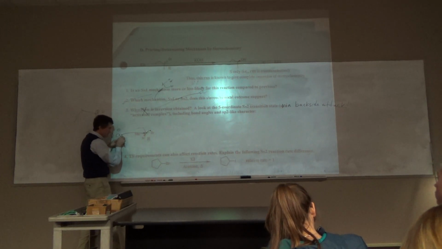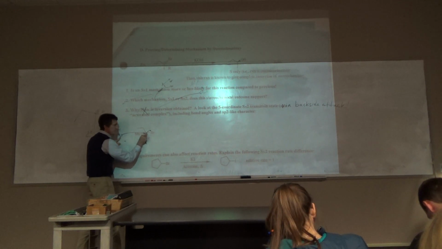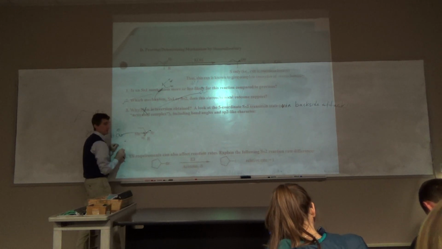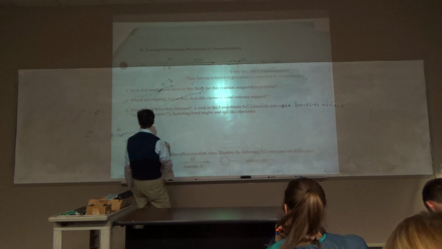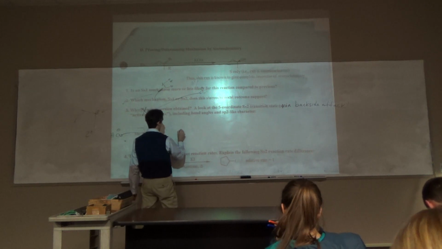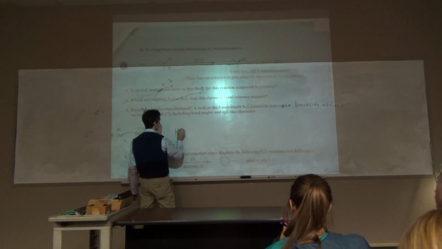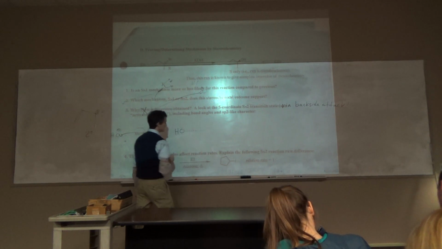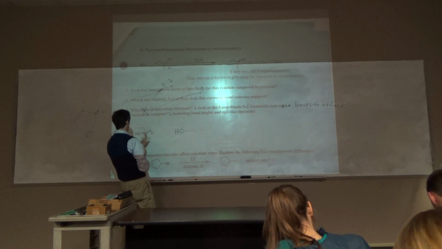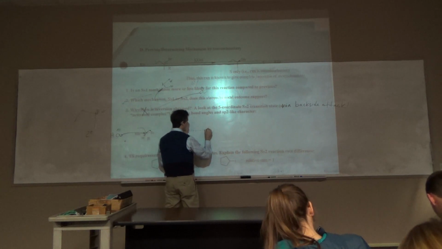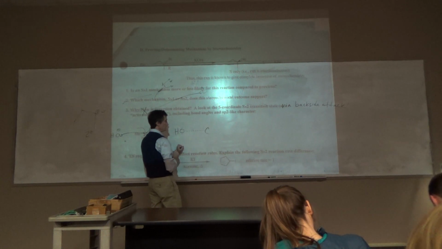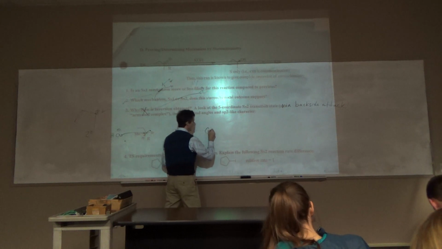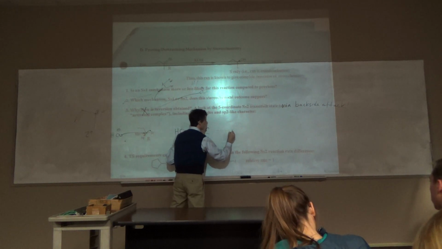This bond is partially making, and this bond is partially breaking. Let's see if we can show that. Okay. Hydroxide partially making a bond to this carbon. I'm going to draw in the carbon. And then this bond is partially breaking.